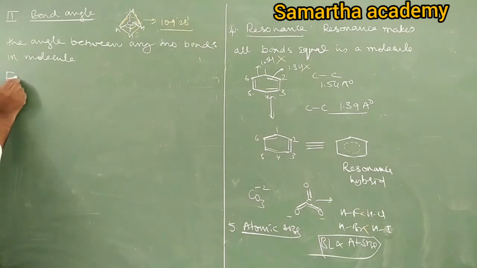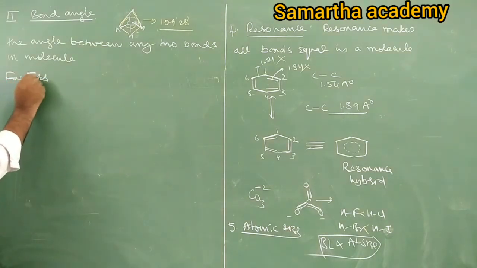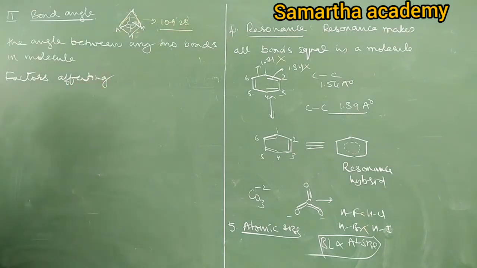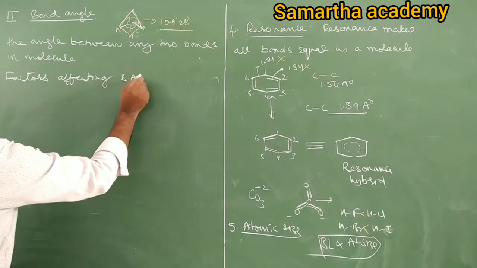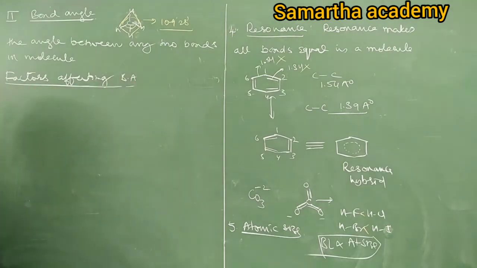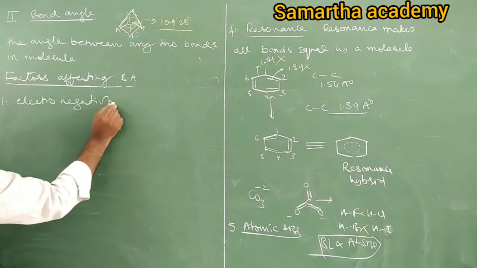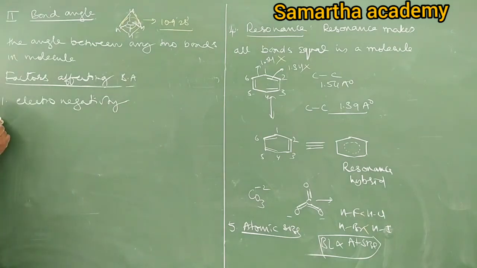Next are the factors influencing or affecting bond angle. So what are the factors that influence the bond angle? First one is electronegativity, the same factor we studied. Second one is bond order, which is nothing but bond multiplicity. Next, the third factor is also the same, hybridization.